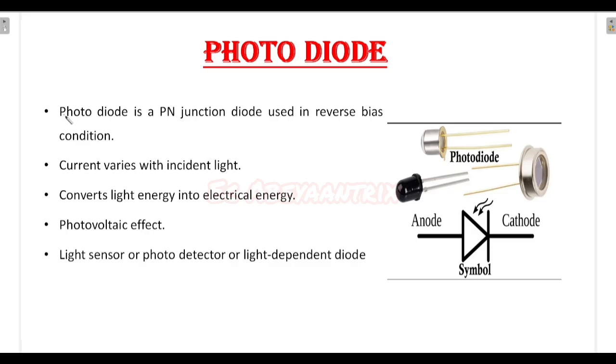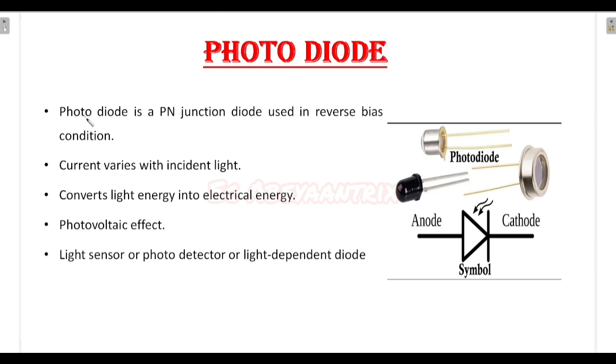And what do you mean by photodiode actually? The name itself implies it: photo means light. When light is incident on this photodiode, it generates current, that is, it generates electron hole pairs which generate current. The amount of current generated is directly proportional to the intensity of light falling on the photodiode.